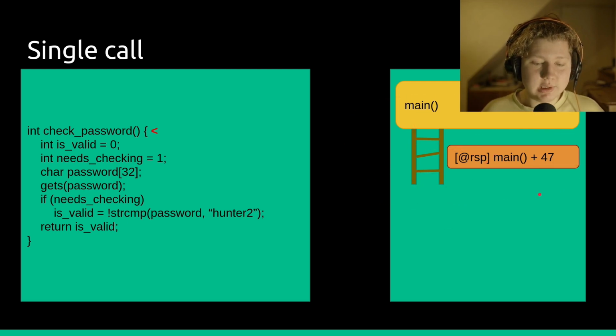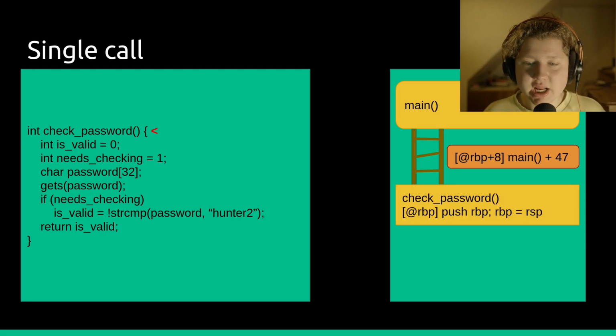This return address will lead the processor back to the middle of main where it got invoked. Meanwhile, the first thing check password does is building a new stack frame. It is done by pushing the previous base pointer onto the stack and setting it to the current stack pointer.